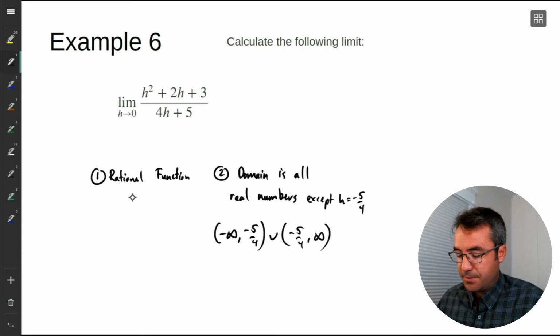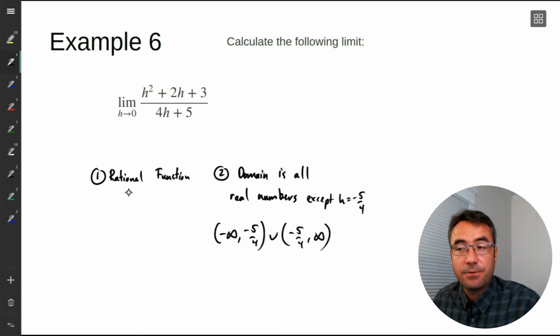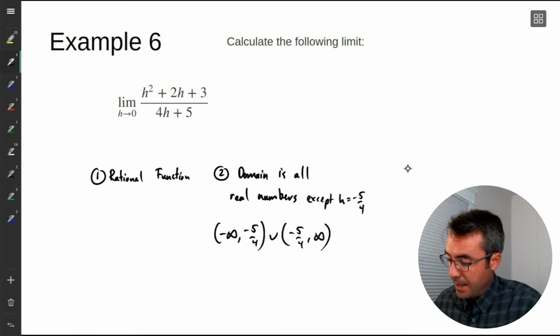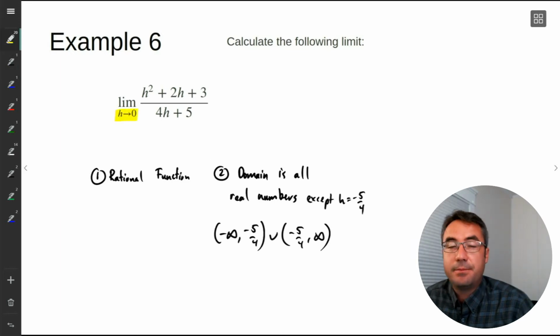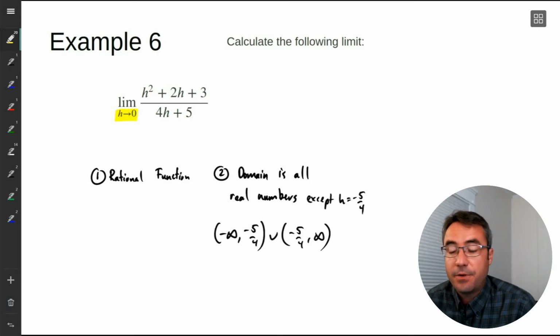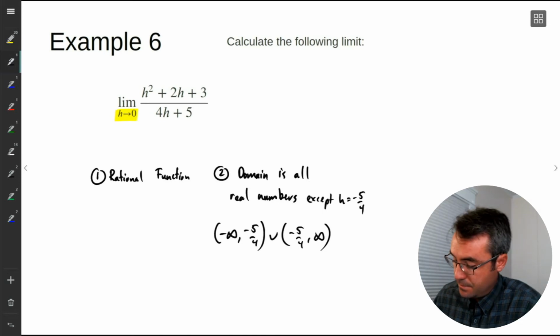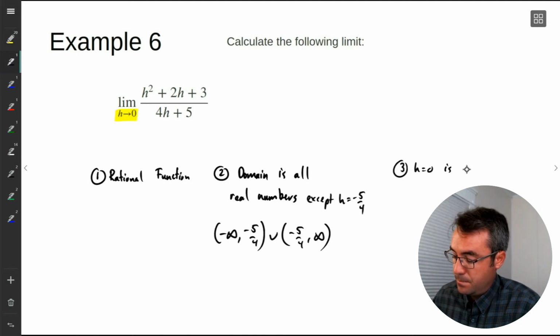So what we're seeing here is we have a rational function. We've figured out its domain, and the number that we're approaching, h approaching 0, is actually in the domain of our function. So that's nice.